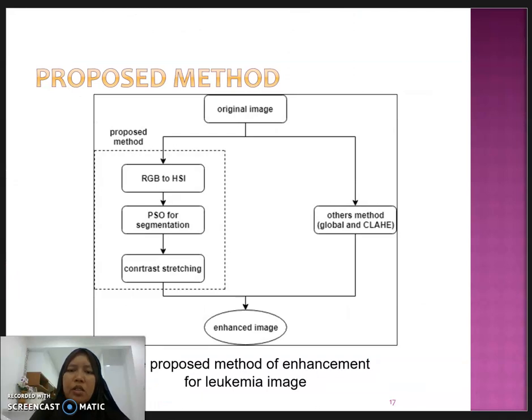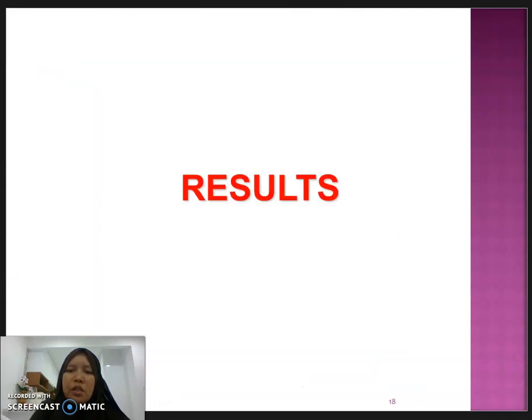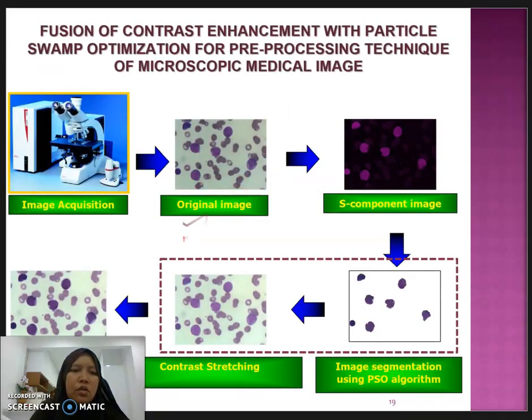So this is the figure related to the proposed method. And for the result, this research starts from color conversion. The original image was converted into HSI color space. The aim of applying color conversion on the original image is to enable the extraction of the saturation component, what we call the S component image, from the color space.